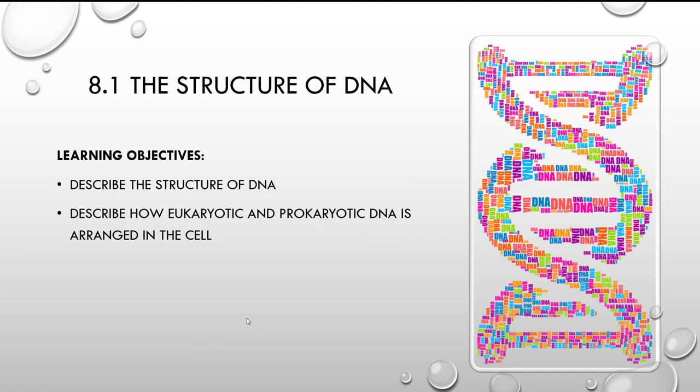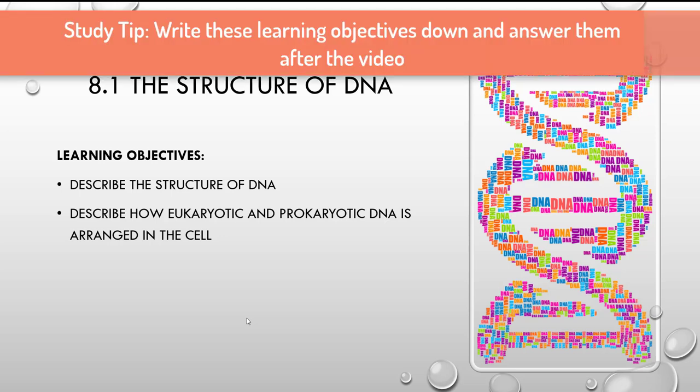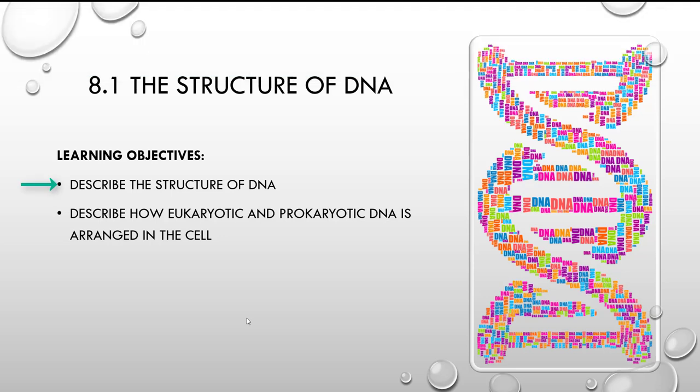By the end of this chapter, you should be able to describe the structure of DNA. And then you should also be able to describe how eukaryotic and prokaryotic DNA is arranged in the cell.